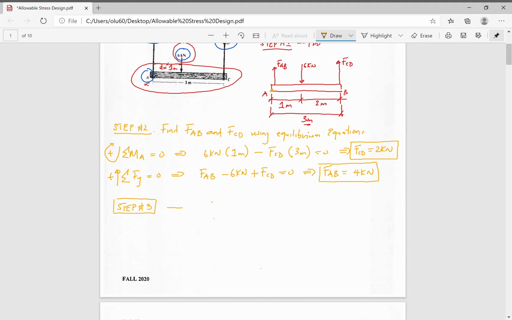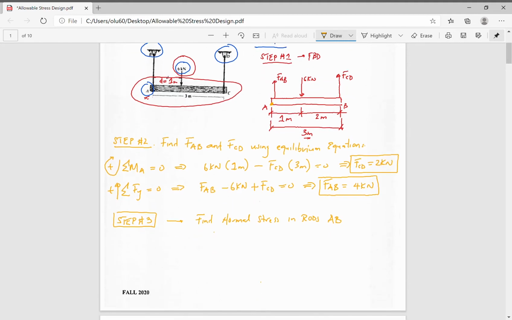I need to find the average normal stress in rods AB and CD. You know that the normal stress for AB is going to be the normal force AB divided by the cross-sectional area of AB.